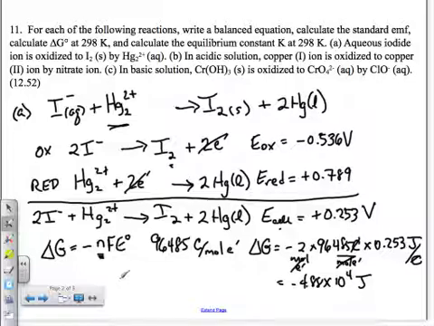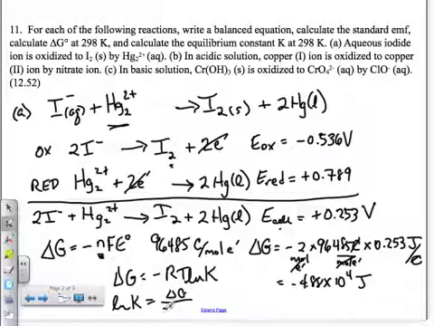So delta G is equal to minus RT ln K. The reason this minus sign is here is because if delta G is negative, we don't have negative K's, so I have to change the sign. If delta G were positive, you'd end up with a small K. In order to calculate K, I'm going to rearrange this equation: ln K is equal to delta G over negative RT.